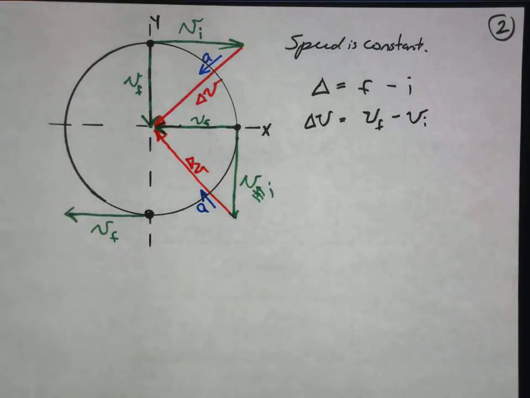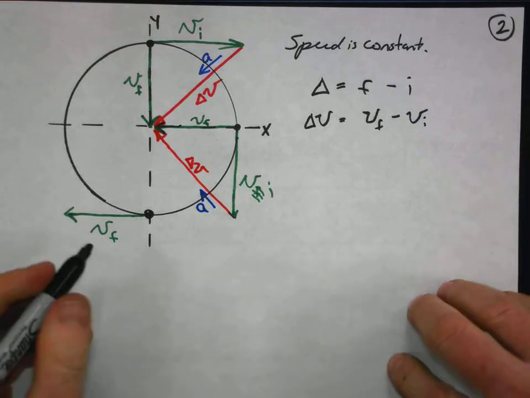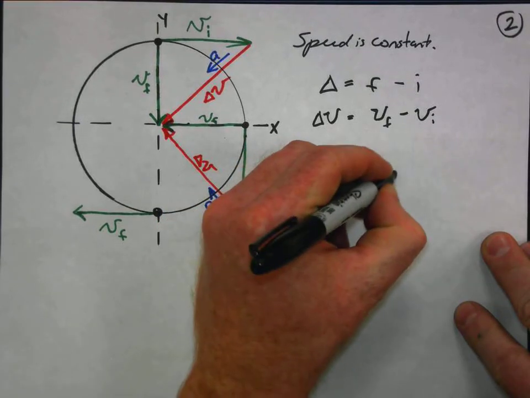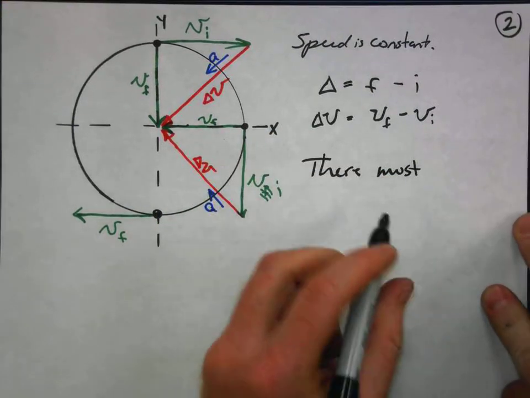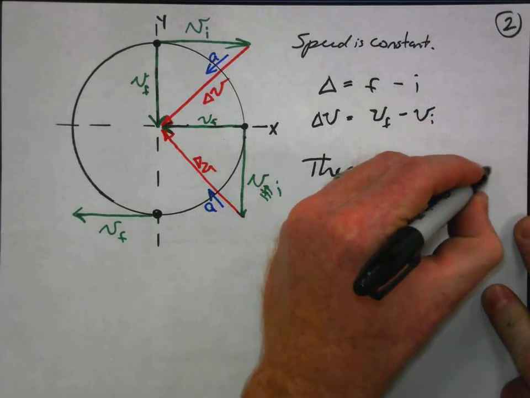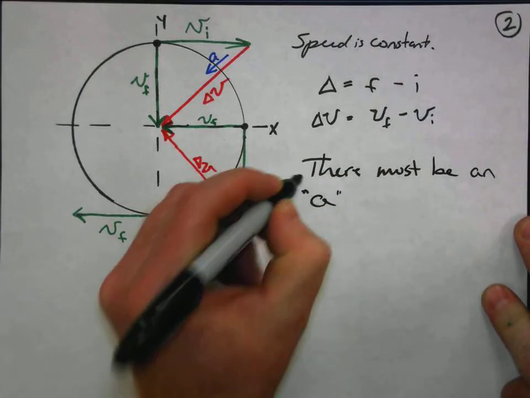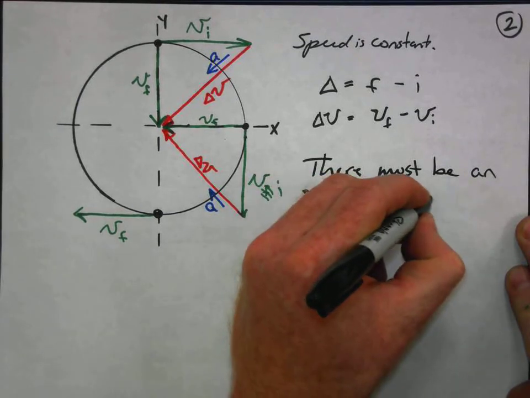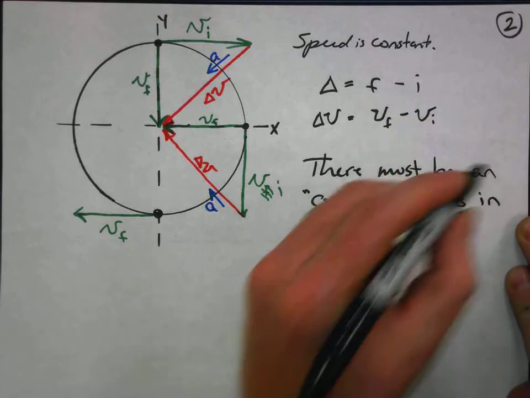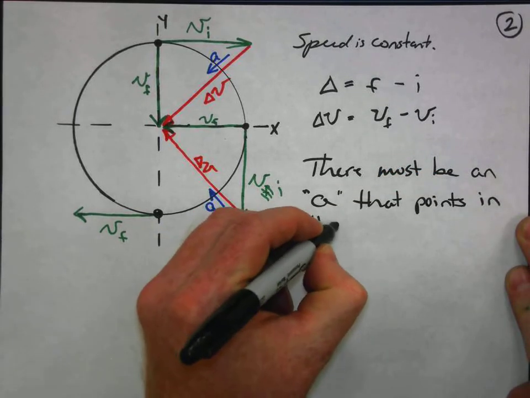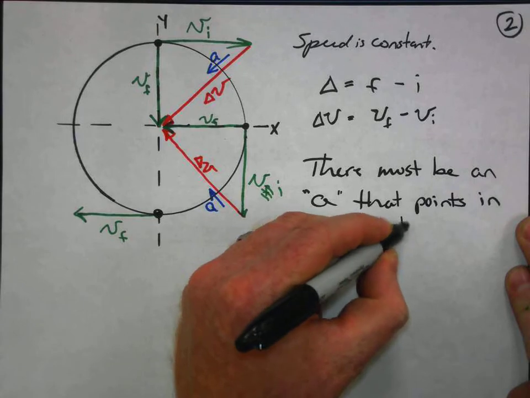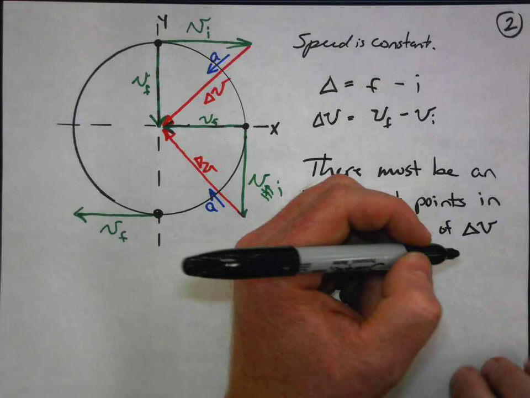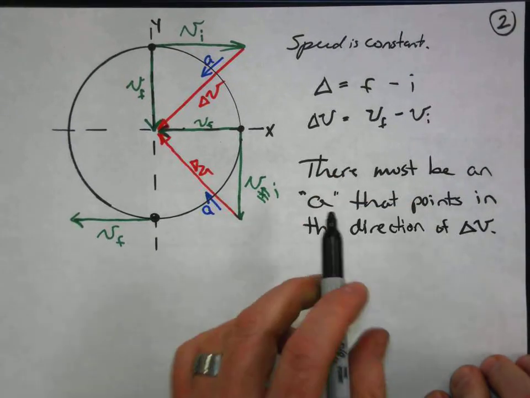So let's lay this out. There must be an acceleration that points in the direction of delta V. They must be going in the same direction.